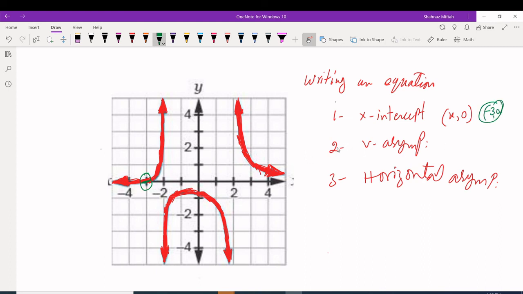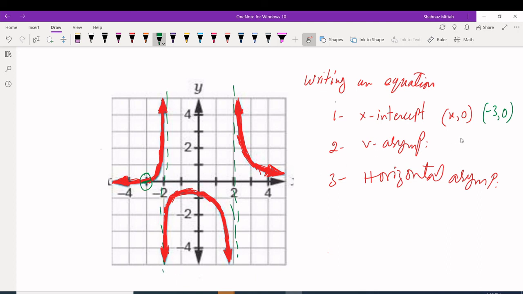Then we need to figure out the vertical asymptote. Let me write this neat and clean. This is -3, 0. Now find the vertical asymptote. For the vertical asymptote, you can tell this graph is not crossing this +2. And I also have a vertical asymptote at -2. The graphs are not crossing.